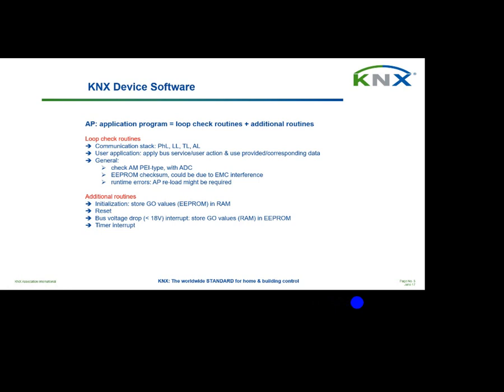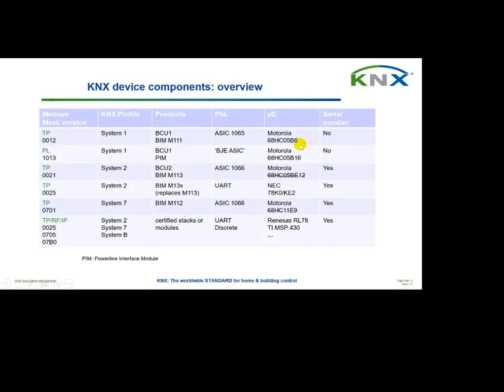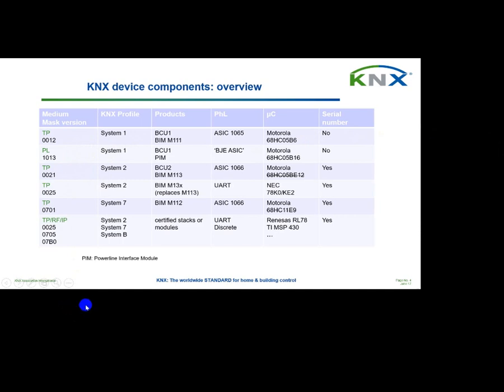Okay, that's what I want to say about the KNX device software. Then here is an overview of the different components. I have set up a table on the left side. The left column is the medium that is used and the mask version. We see twisted pair, power line, twisted pair, twisted pair, twisted pair, and also twisted pair, radio frequency and IP.